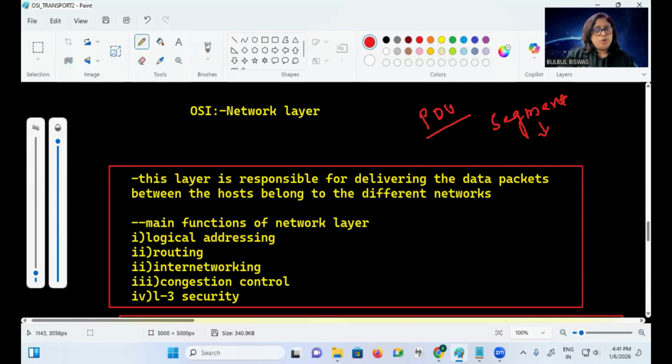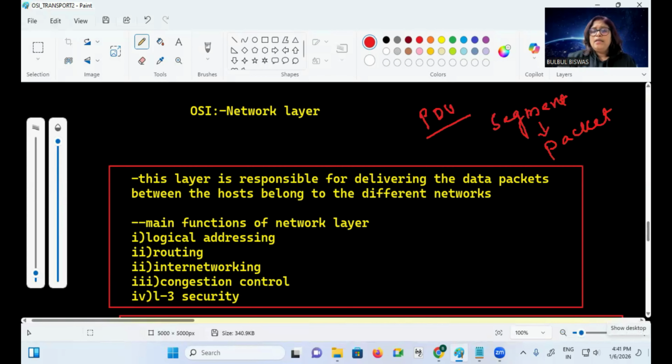And from the transport layer, the moment it enters the network layer, we call it a packet. So everybody remember, whenever I talk about a packet, in the back of your mind you must think that I'm talking about the network layer data structure. Is it clear? If it is a segment, that means it is the transport layer. If we talk about a packet, we are dealing with the network layer.